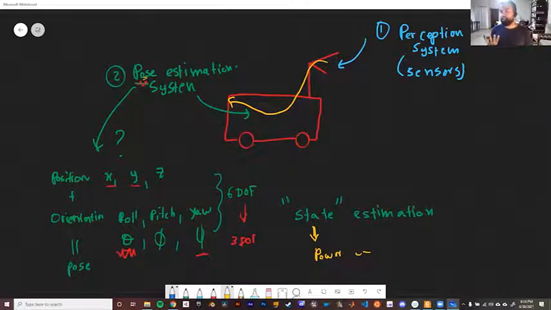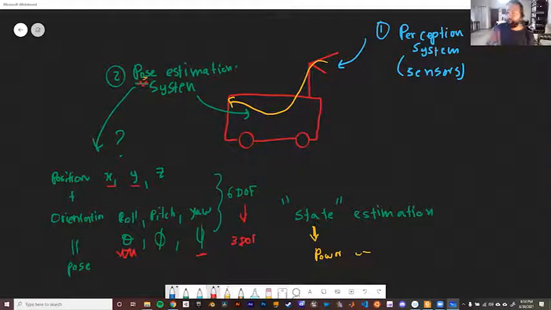If you're talking about a system that is intelligent and autonomous, one of the basic things it needs to be able to do is at least know where it is, because then it will avoid bumping or crashing into things. Think about a self-driving car: one of the most important things is that it needs to know where it is. So the pose estimation system is a fundamental system.